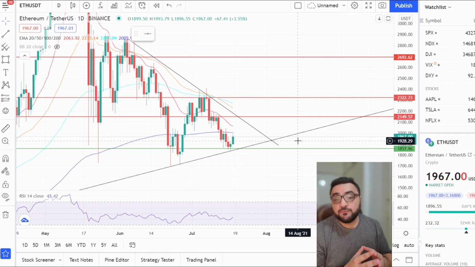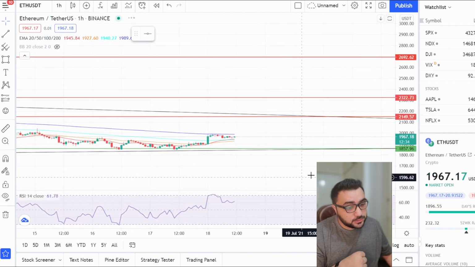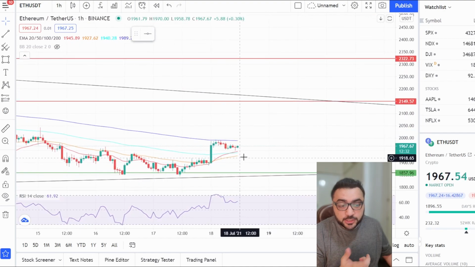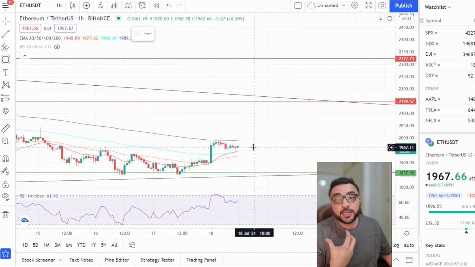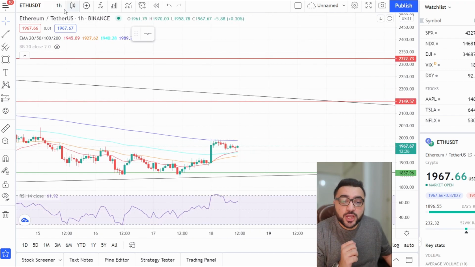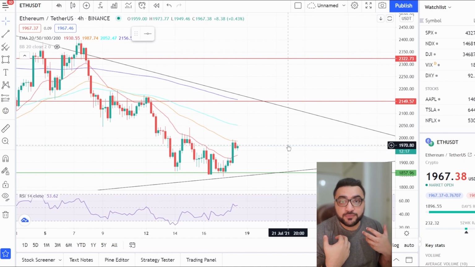Maybe in a 4 hour chart, it's acting as support, and in a 1 hour chart, maybe it's totally a different game. Here in the 1 hour chart, every EMA is acting as support, right? So you have to look into multiple time frames, multiple EMAs, whatever suits you, whatever works best for you. You have to figure it out.